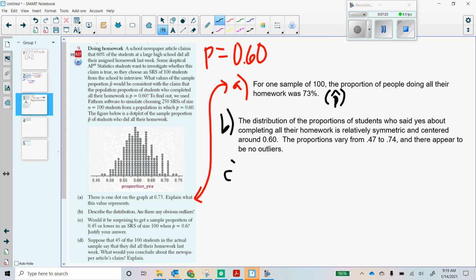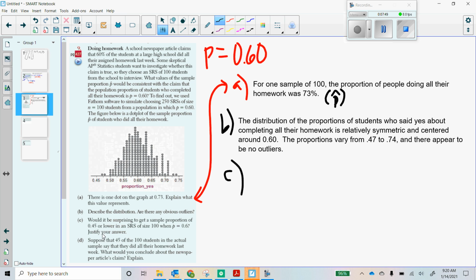Part C, would it be surprising to get a random sample of 0.45 or lower when P is equal to 0.6? Okay, so this is a simulation when P did equal 0.6. They simulated it, and you can see that sometimes you got samples with a proportion higher than 0.6. Sometimes you had a sample with a proportion lower than 0.6. That's all sampling variability.